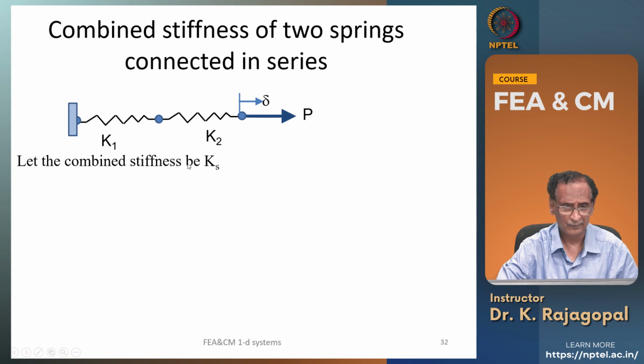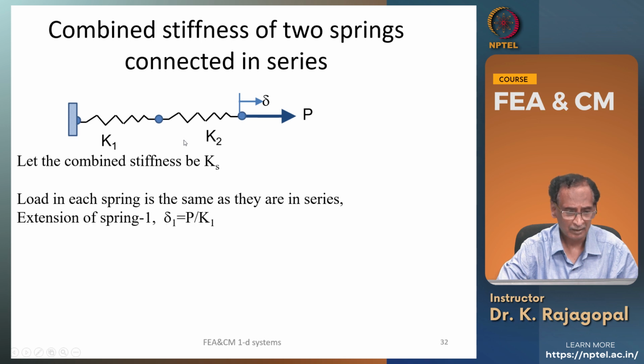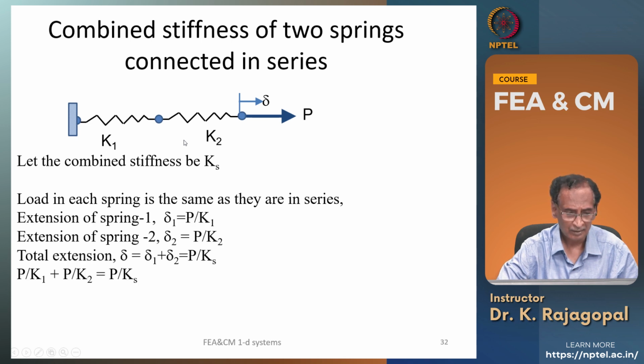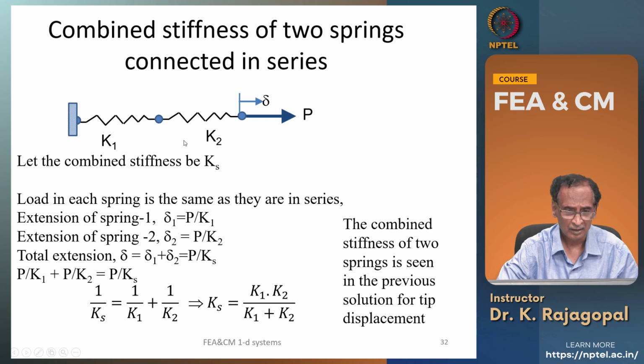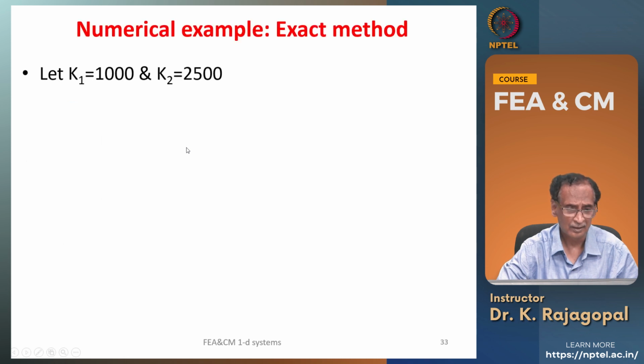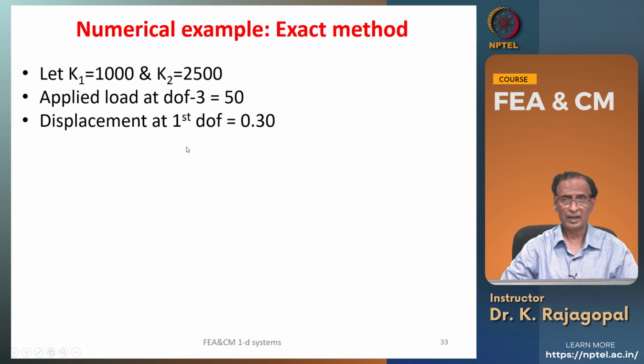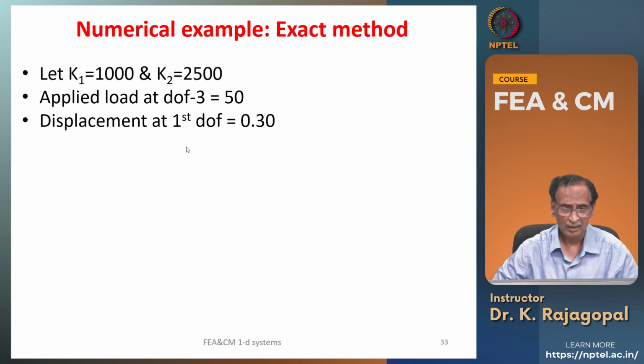Actually, this combined stiffness of two springs in series is explained here, and I think you can see that easily. Now let's look at one numerical example so that we can give some values and understand the calculations better.